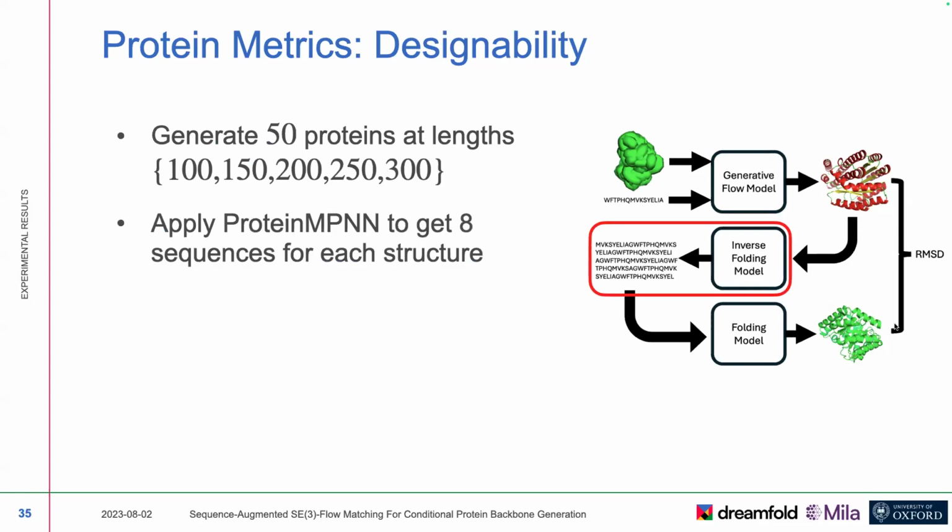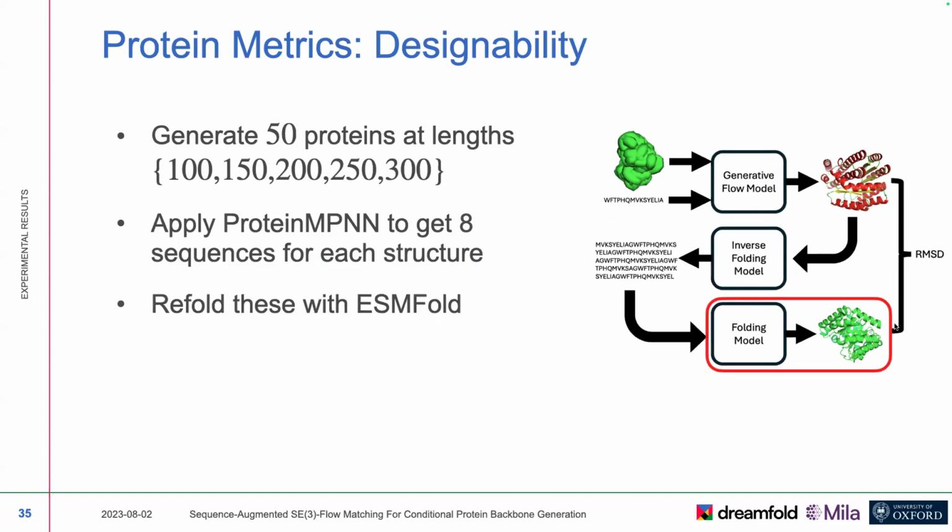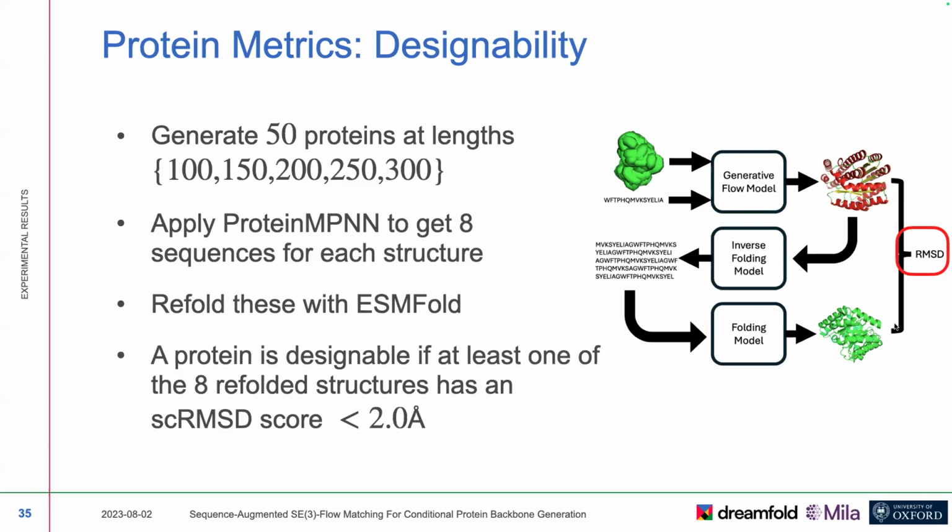We get the backbone and apply ProteinMPNN 8 times to get 8 sequences per structure. We then refold these sequences with ESMFold and compute the RMSD between the generated structure and the refolded structure. The idea is that if the two agree, then it's designable. And the threshold is 2.0 Angstrom.